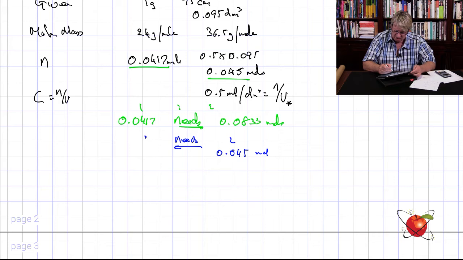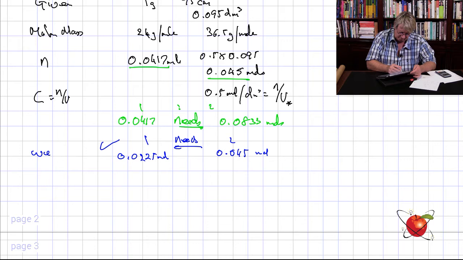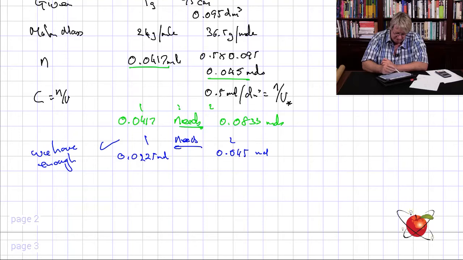And 2 to 1, which means it needs half, 0.0225. Okay? And tick. We have enough to do it, right? Because that's the number I'm comparing, there to there, 0.0417, 0.0225. That's how much we need.